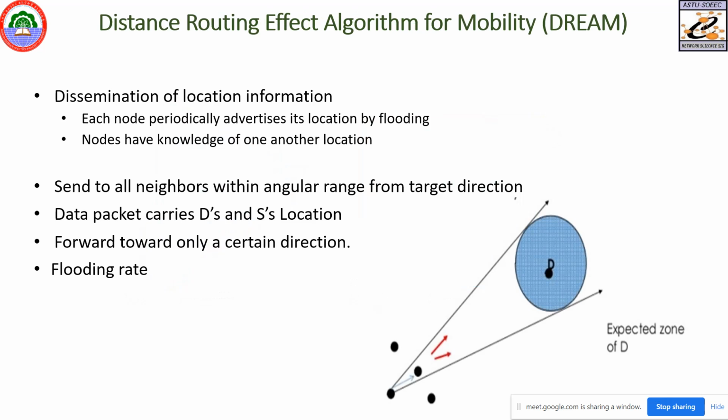If it comes to the first protocol, called DREAM, as it is a location based protocol, each node maintains a position database that stores the information about every other node in that part of the network. It is possible to install a GPS system so that each node knows its geographical coordinates, like longitude and latitude.